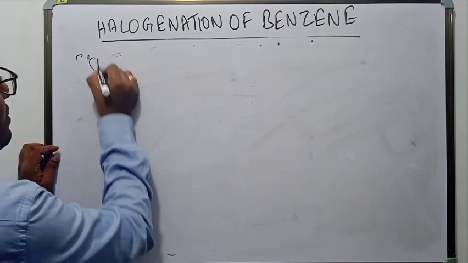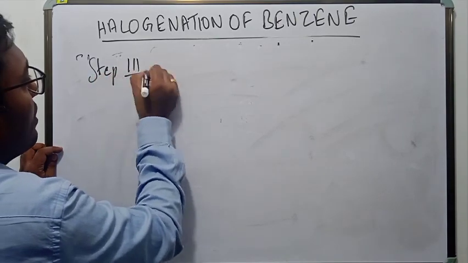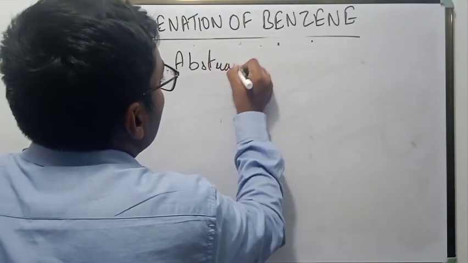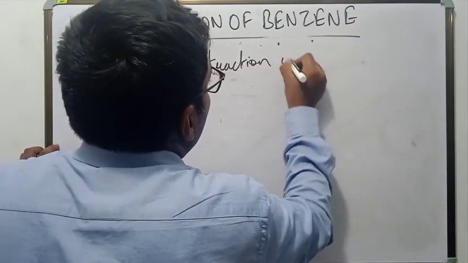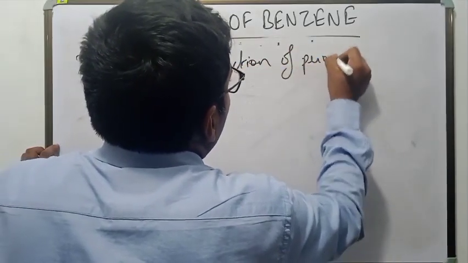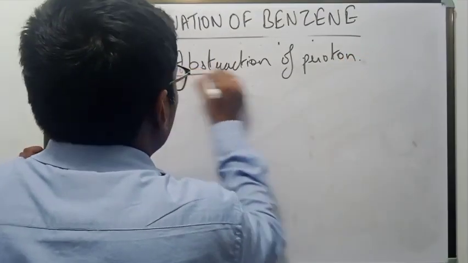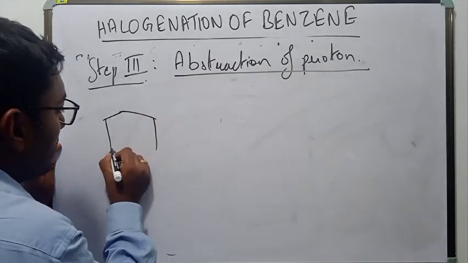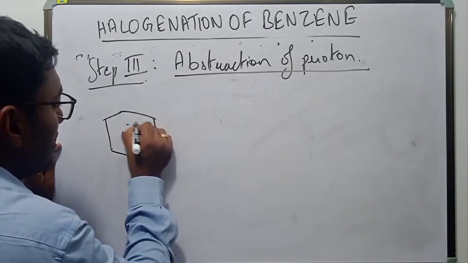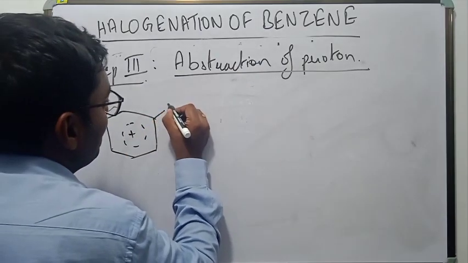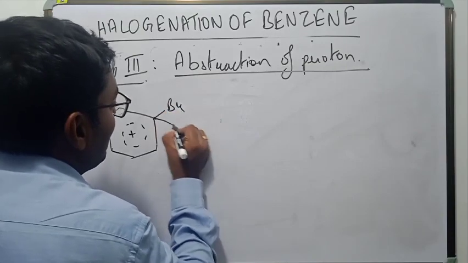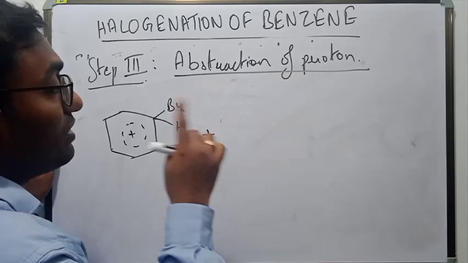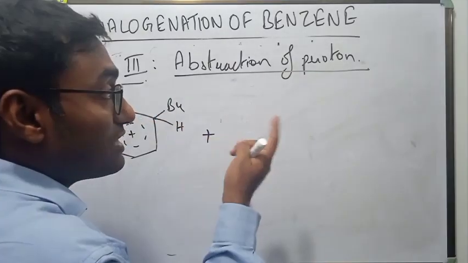Step 3, abstraction of proton. In this step, the carbocation, which is not stable, very unstable in fact, the H, in step 1 we found that there was a conjugate base.